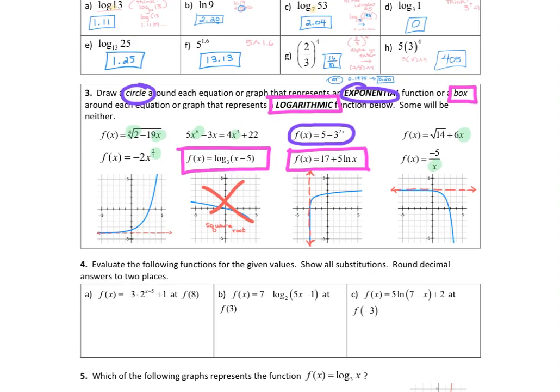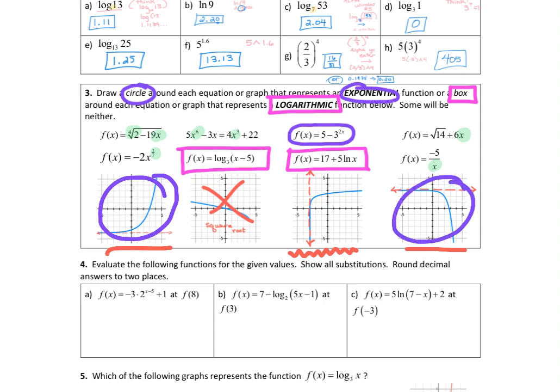And so when I zoom back out, do you see that the first and the fourth should be the same type of function because they both have a horizontal asymptote? And the third should be the other type of function because it has a different type of asymptote. You have to memorize that exponential functions have a horizontal asymptote and logarithmic functions have a vertical asymptote. And so this is exponential, and then the third one is logarithmic.